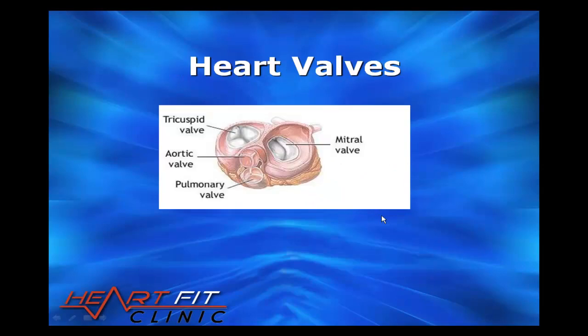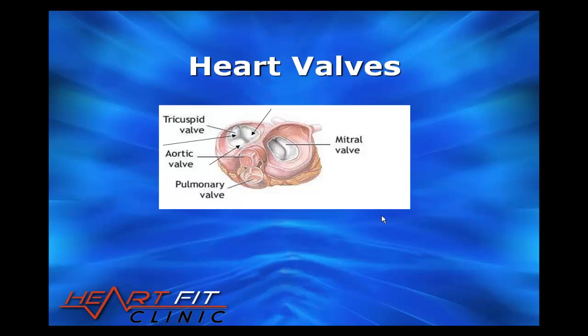So let's talk about the heart valves. Here we're able to get a cross-sectional view of the heart valves. If I take your heart and slice it in half, a top and bottom view, this is the view that we're looking at. Each valve has flaps. Looking at the tricuspid valve, the valve between the right atrium and the right ventricle, you can see it has 3 flaps.